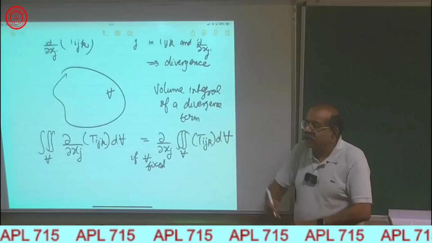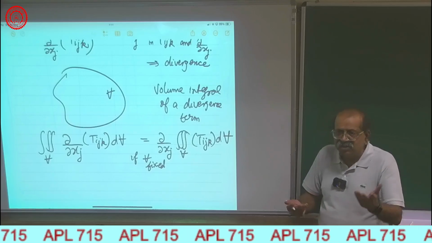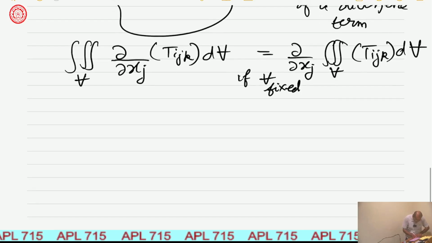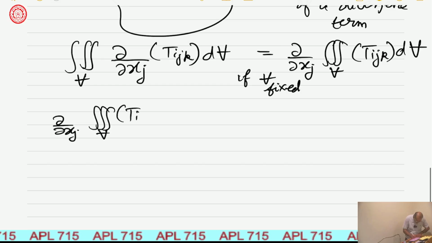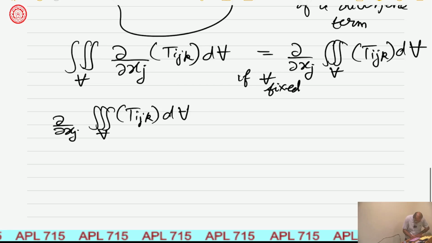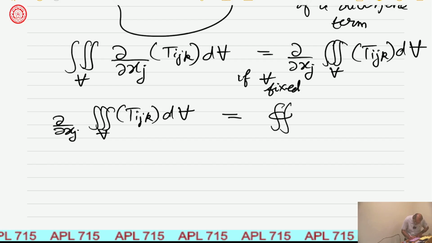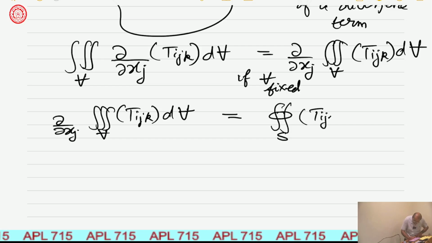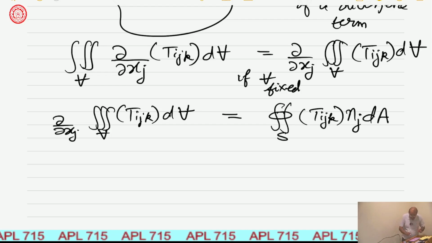And what am I getting to? Which theorem will I use? The Green's theorem is what it is called in some places, but mainly it's called the Gauss divergence theorem. So by Gauss's divergence theorem, this volume integral of tijk dv will become the surface integral of tijk nj dA or ds, whatever you call it.